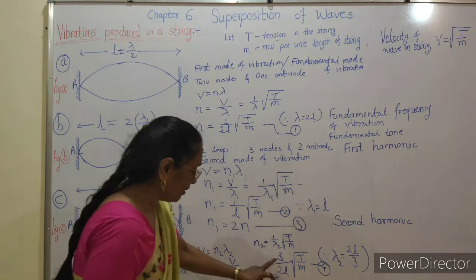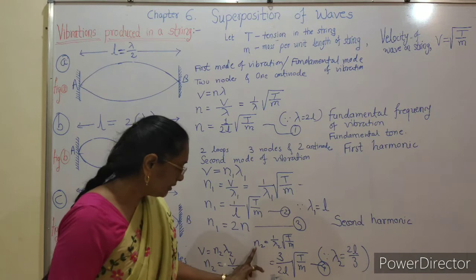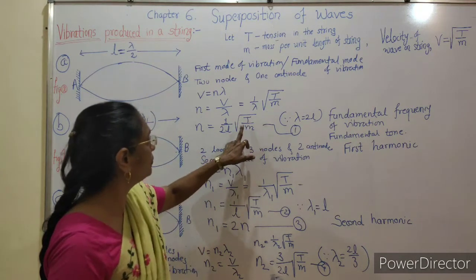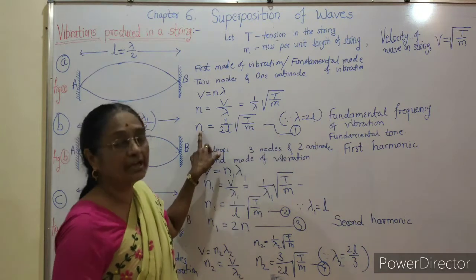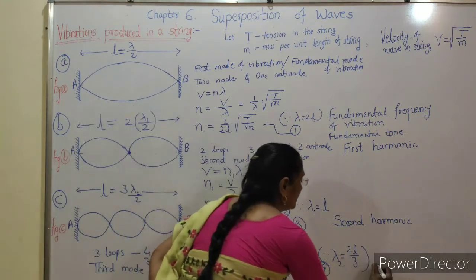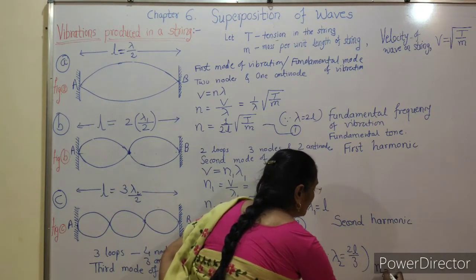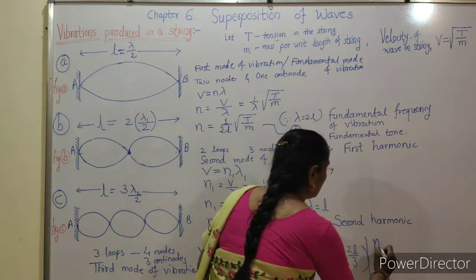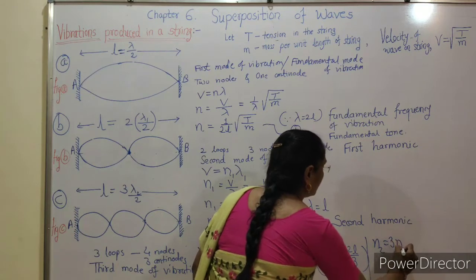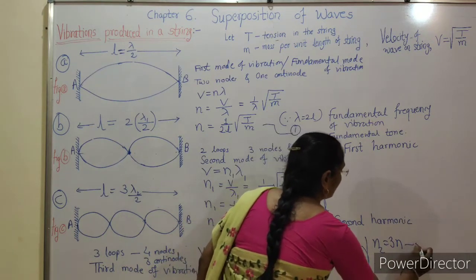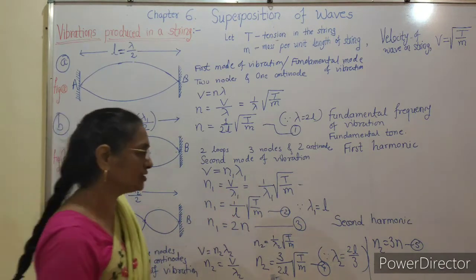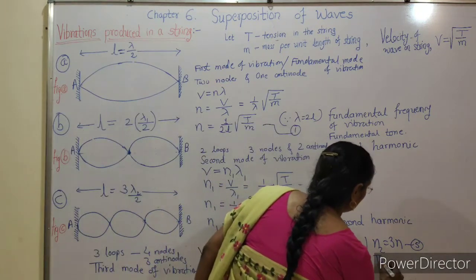Now again N2 can be written in terms of this N. N2 can be written as 3 into N. This is equation number 5, and it is called the third harmonic.